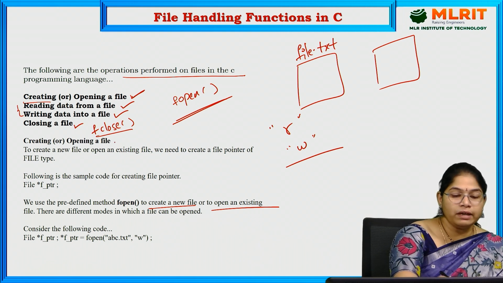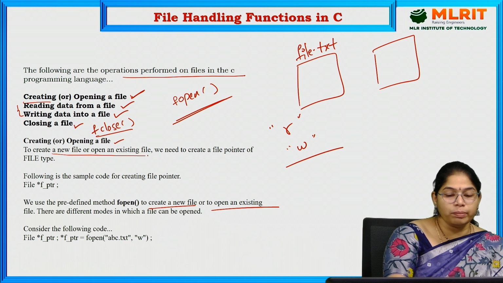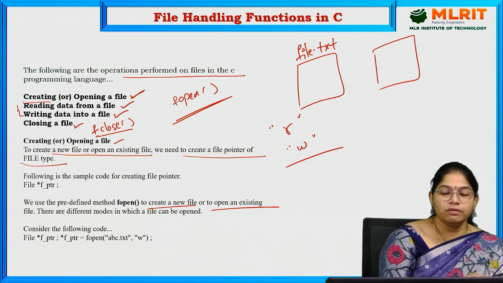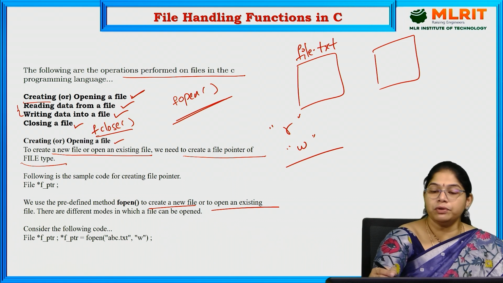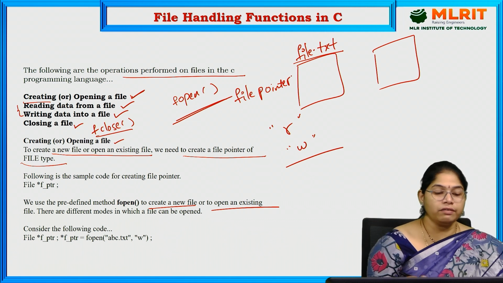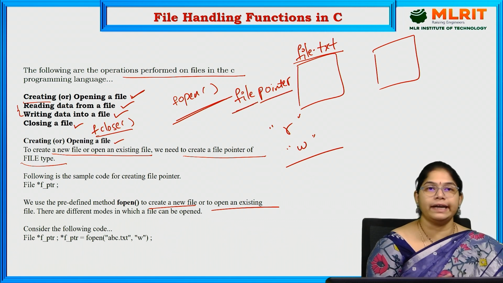Creating or opening a file. To create a new file or open an existing file, we need to create a file pointer first of that file type. Already I told you, if I want to fetch this particular file, we need a pointer which is of that file type.